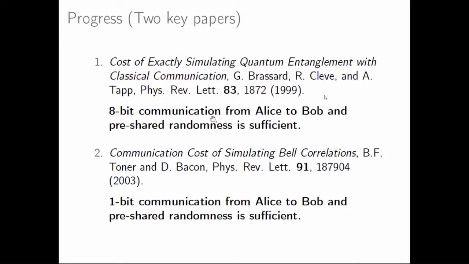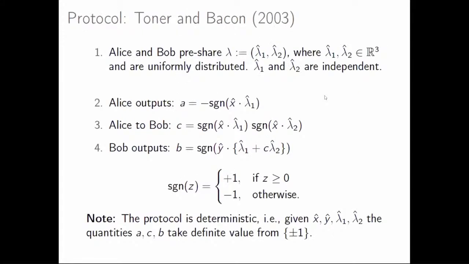And then there were many attempts to reduce this communication cost, but then there was a big jump and a very interesting, surprising result by Toner and Bacon in 2003, where they showed that just 1 bit of communication from Alice to Bob and pre-shared randomness is sufficient for simulating the correlation generated by a maximally entangled state of 2 qubits. It would have been good if I had put some figure, but let me try to go through the protocol.